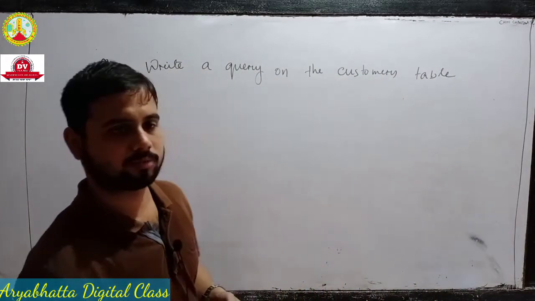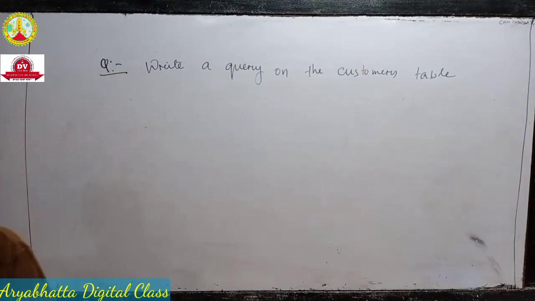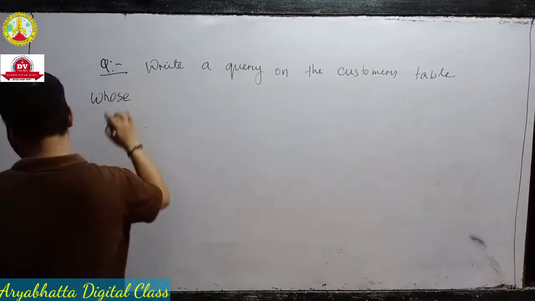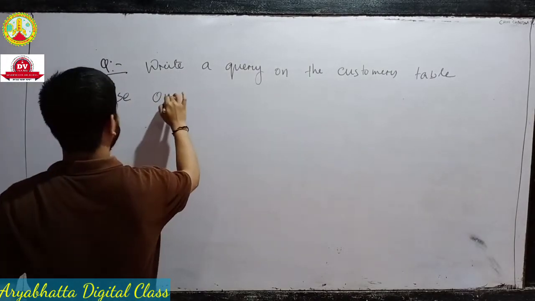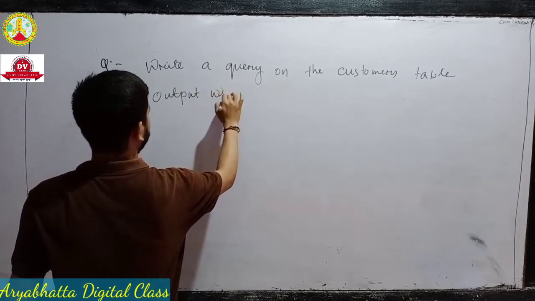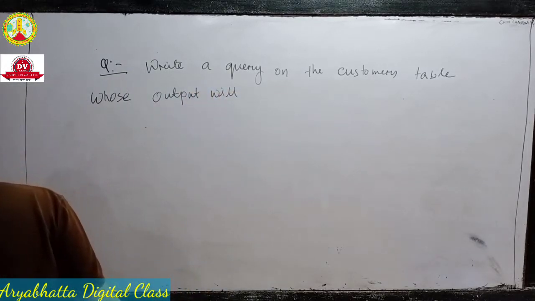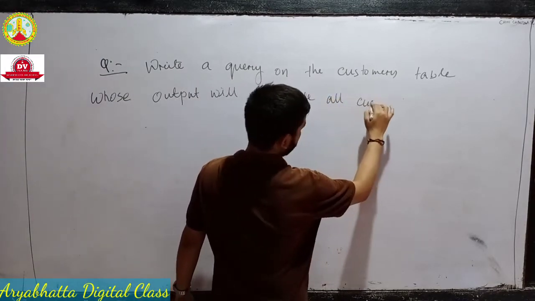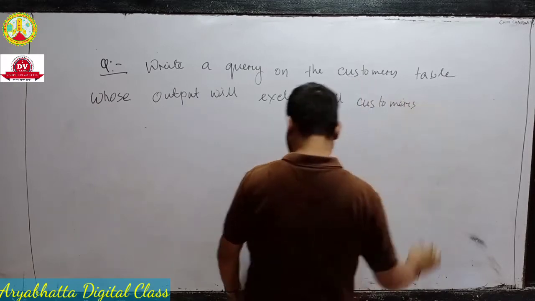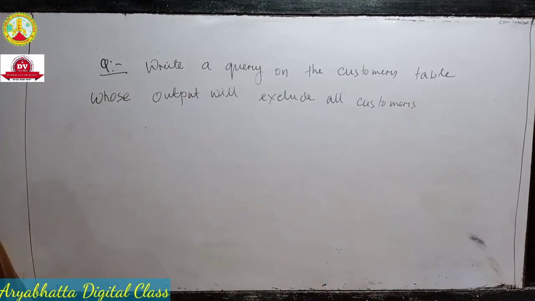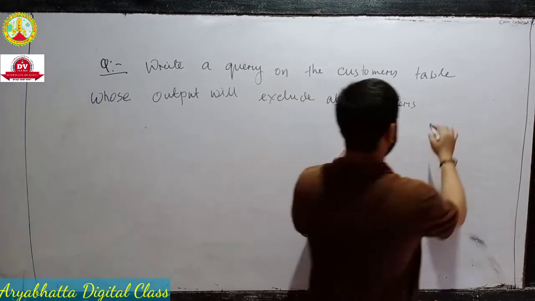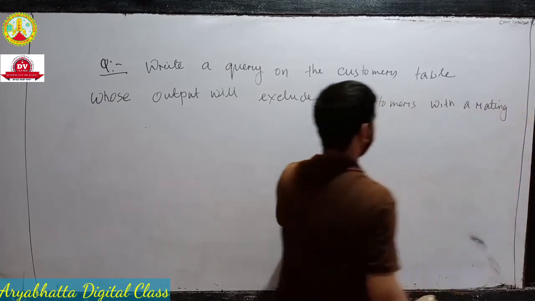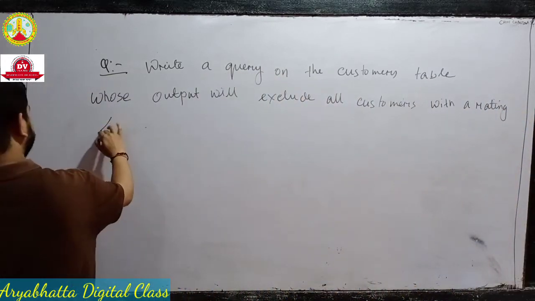Write a query on the customers table whose output will exclude all customers with a rating less than or equal to 100.